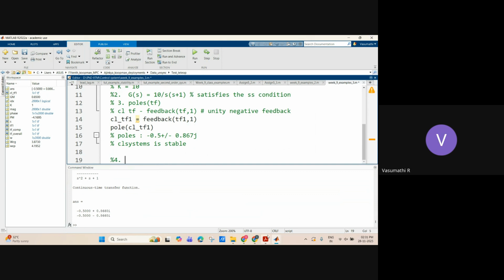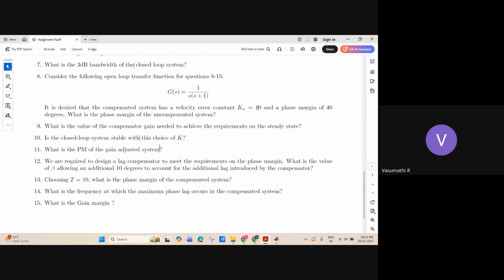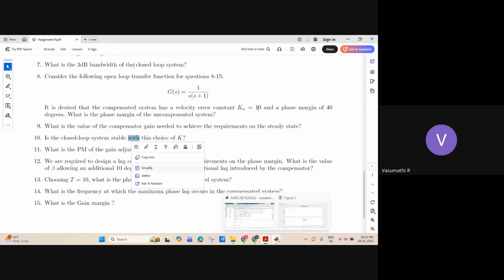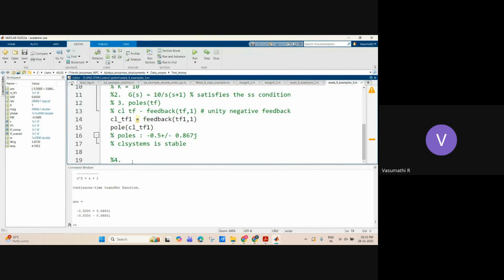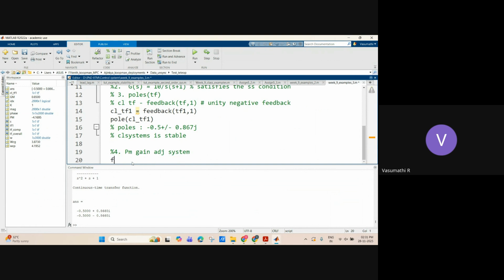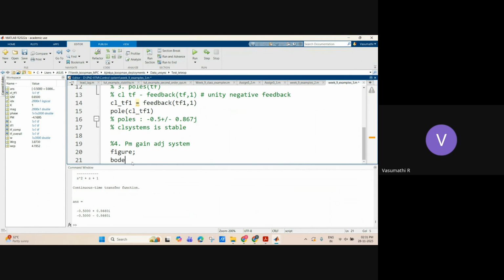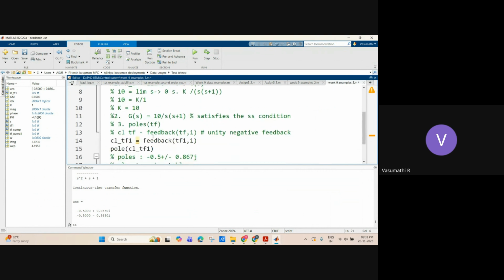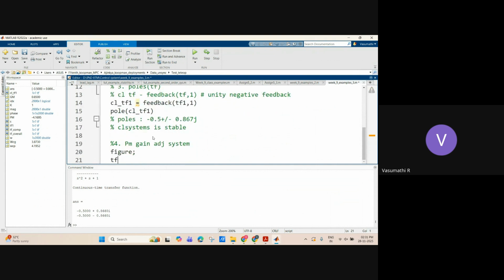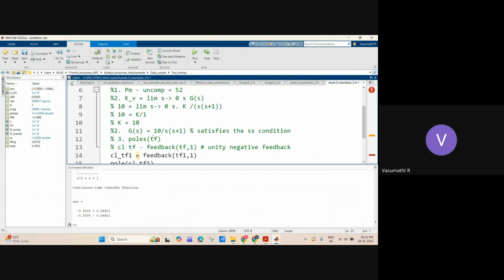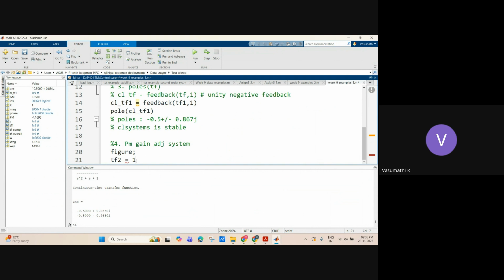Then the fourth question is, what is the phase margin of the gain adjusted system? So the gain adjusted system is this one, whatever we found for the question number 2. We adjusted for the steady state value, right? Now we have to find the bode figure, the phase margin of the gain adjusted system. Figure, bode of transfer function 2, which is 10 by s into (s plus 1), right?